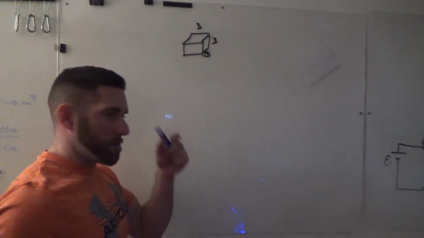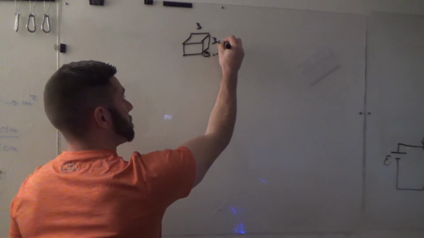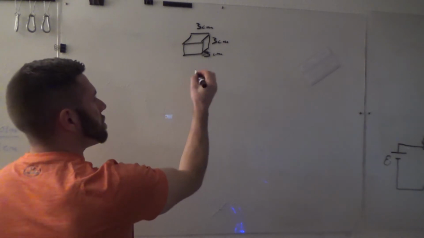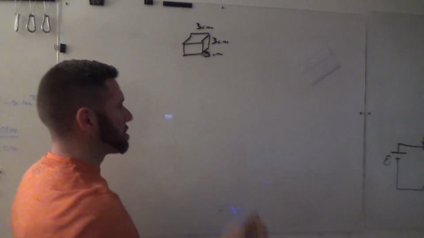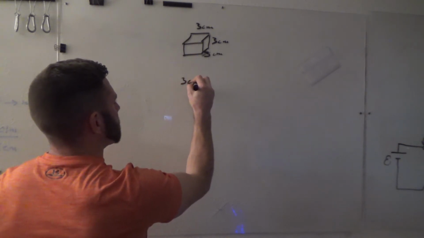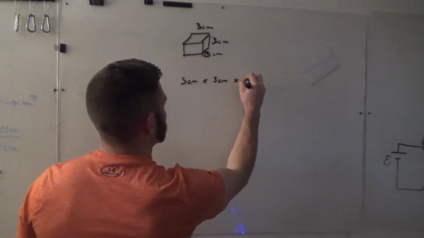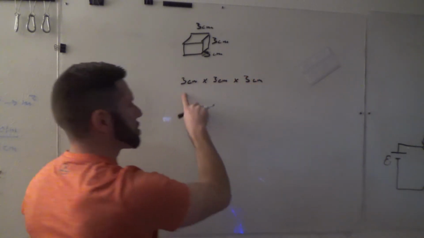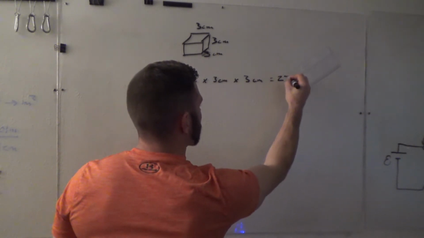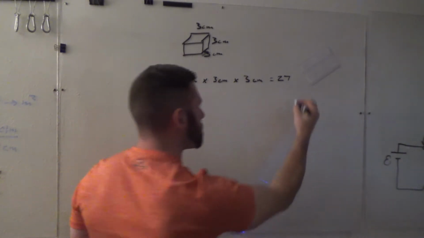So we're going to find the volume of this, and we'll say all of these are centimeters. So when we do the math, what is our volume of this cube? We're going to say 3 centimeters times 3 centimeters times 3 centimeters. What's 3 times 3? 9 times 3, 27. Well, centimeters times centimeters times centimeters is centimeters cubed.